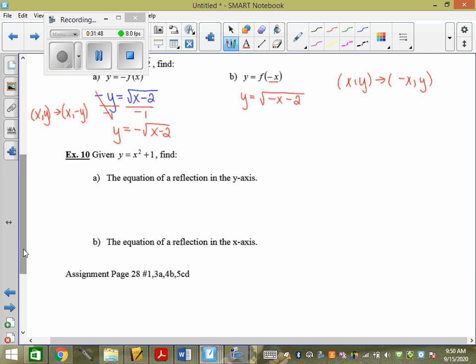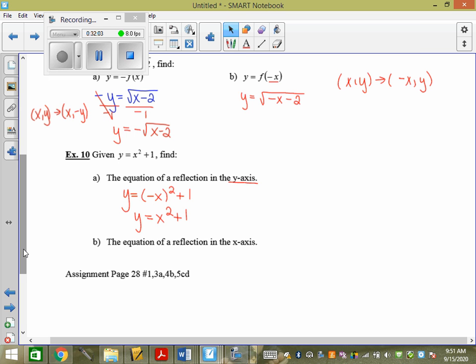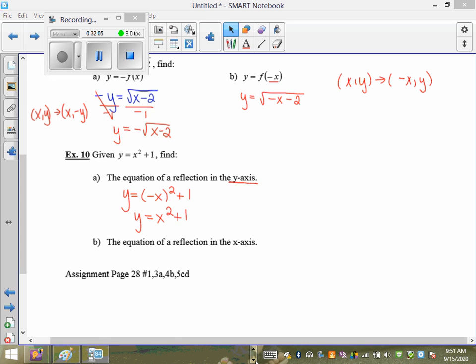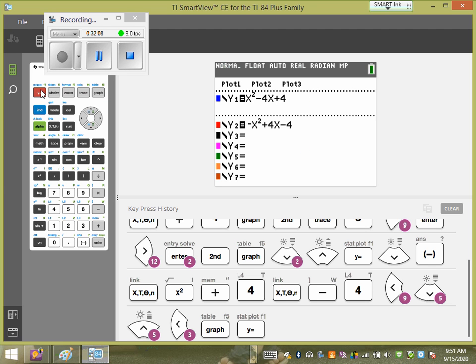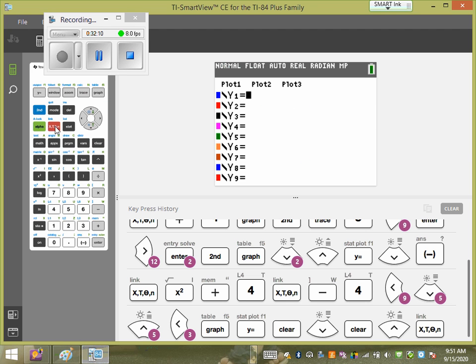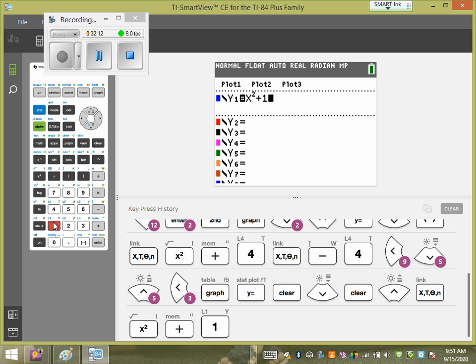Okay, this one's a reflection in the y, so it affects my x. Watch what happens. Nothing. Nothing happens. What the heck? It's the same question. Let's see why. So if I go x squared plus 1, right?